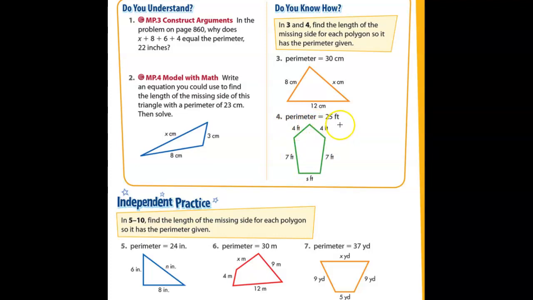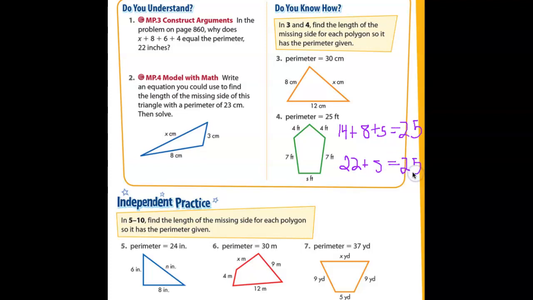So 7 plus 7 is 14, plus 4 plus 4 is 8, plus I still have that one side that I don't know, S, is equal to 25. And then 14 plus 8 is 22, plus S equals 25.